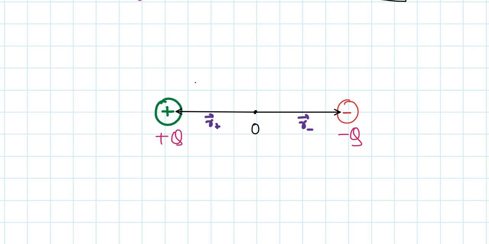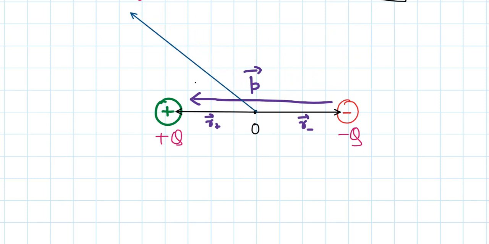Again, the dipole moment vector will be in the direction from the negative charge to the positive charge. Now any other point in space can be measured from this origin.